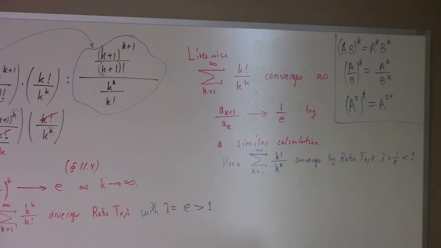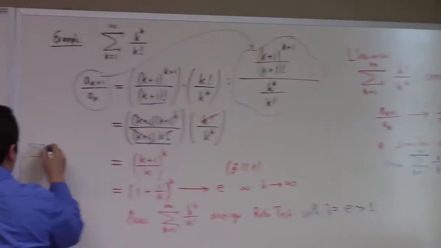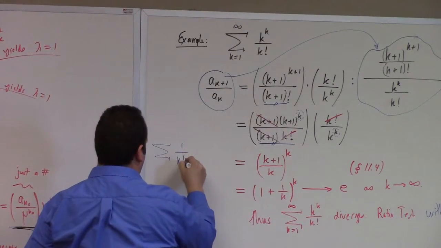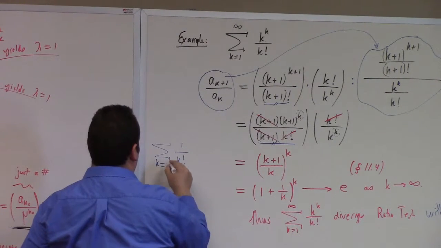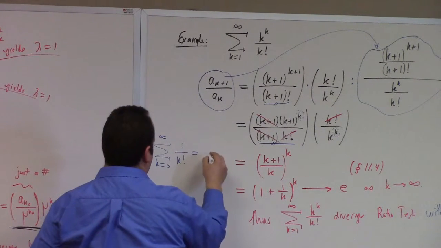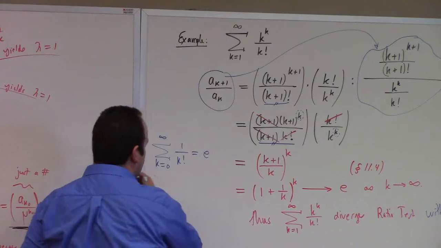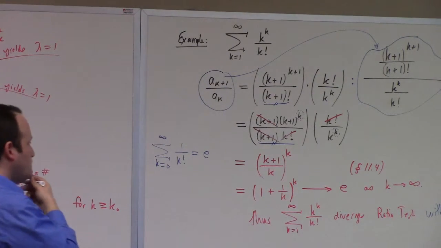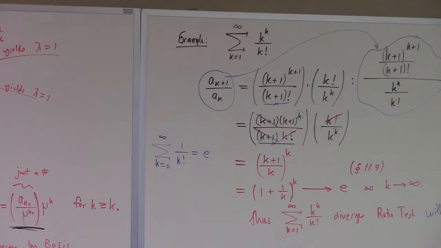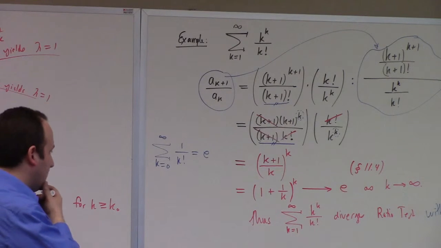I mean, if I had this, we'll soon learn that this is e, but I'm getting ahead of the game. I'm not sure. I don't think so. I mean, the ratio is going to e.